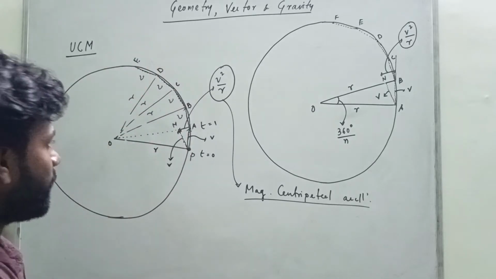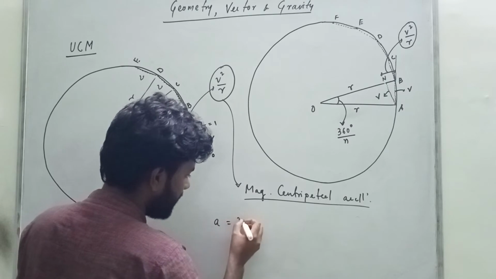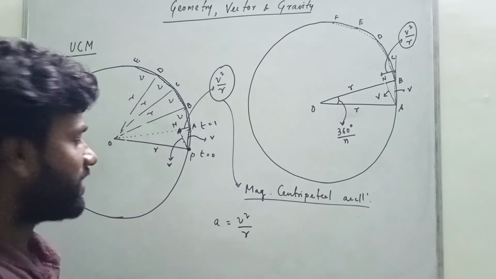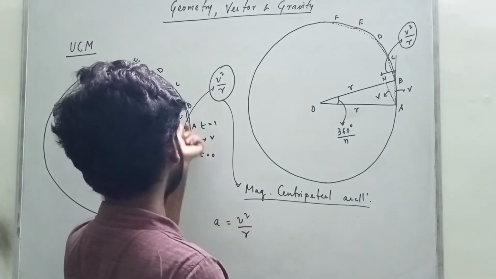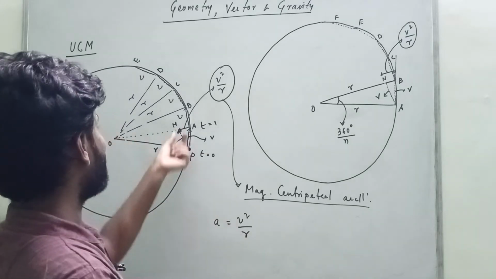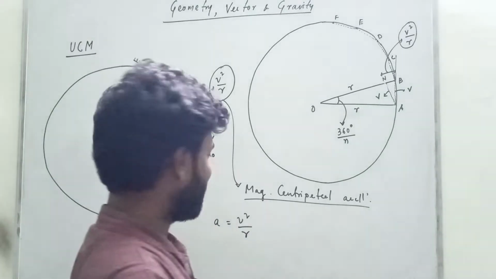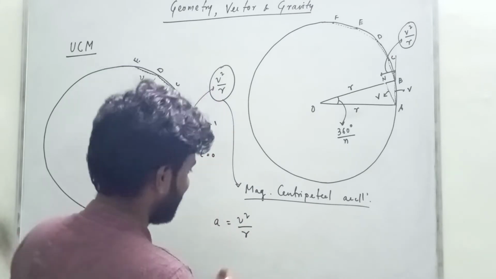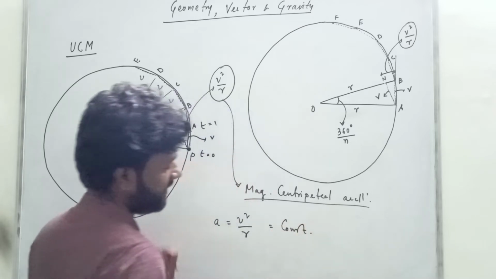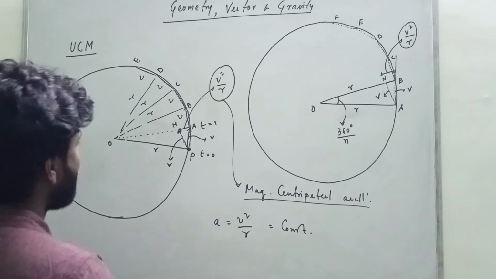So obviously the magnitude of acceleration is V squared by R. So if V is constant for the uniform circular case, and the radius is obviously the same, because in a circle the radius is constant, then the acceleration should be constant, right? The acceleration is constant here.